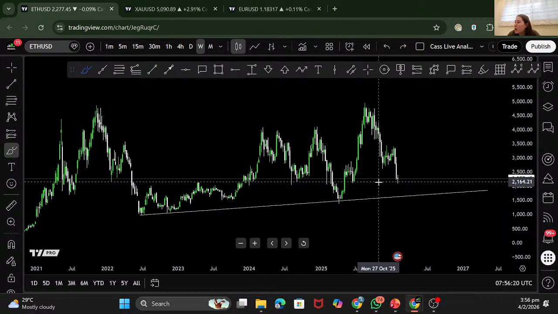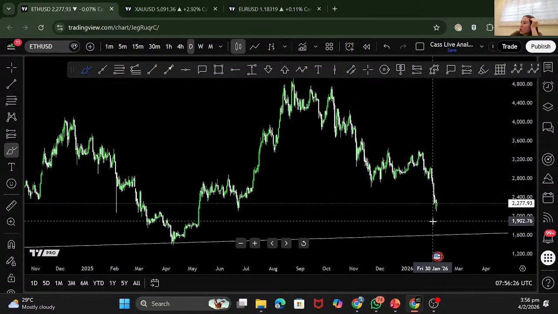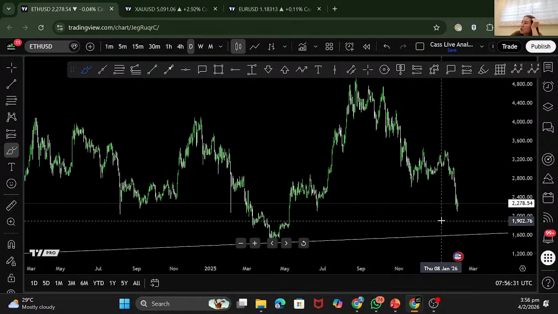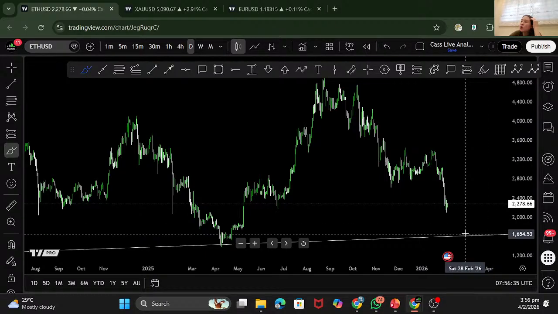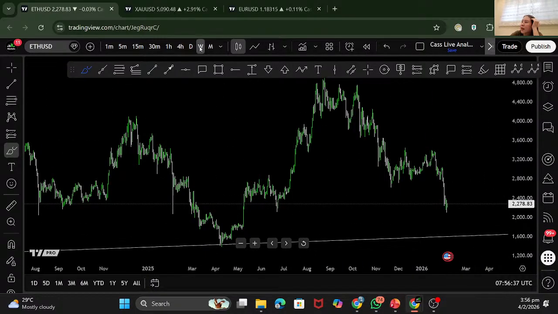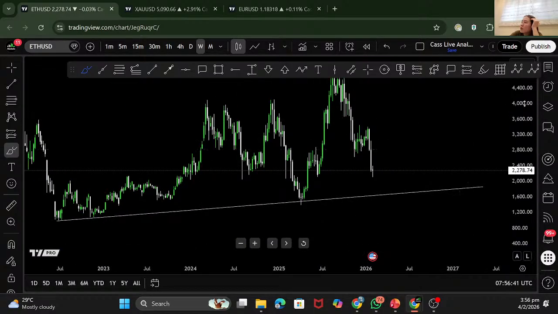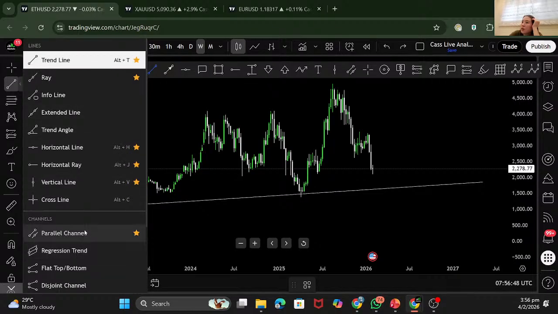Okay, so that's the weekly. Let's go down to smaller time frames, because we kind of want to know where Ethereum is going to stop, right? And we want it to stop close to this trend line so that everything is aligned. Okay. I'm going to pull out some Fibonacci levels to see what is the nearest.